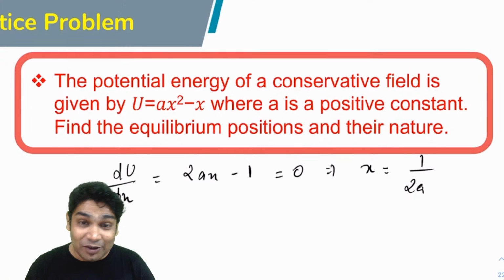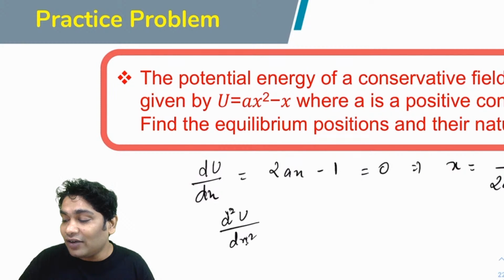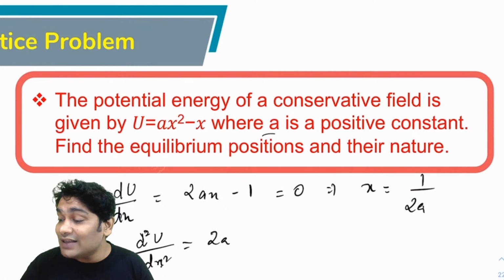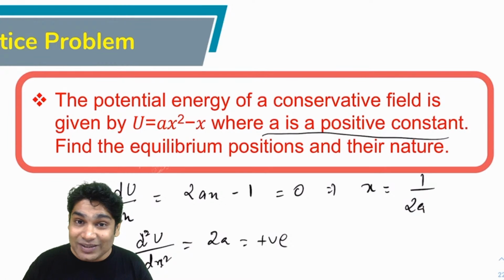Now, is it a stable equilibrium? Is it an unstable equilibrium? Let's try and find d2u over dx2. When I find the second derivative, I get 2a. Alright, and what have I been told? a is a positive constant. So I realize that this is positive. If this is positive, then I know what kind of equilibrium this is.